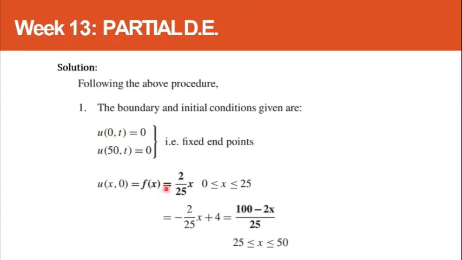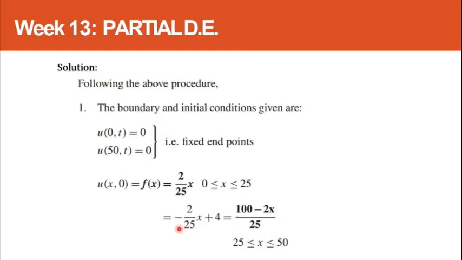Therefore, the value we have is 2 over 25 x, where the range is from 0 to 25. And the next value is negative 2 over 25 x plus 4, based on our problem. We simplified this, so we got the value of 100 minus 2x over 25.